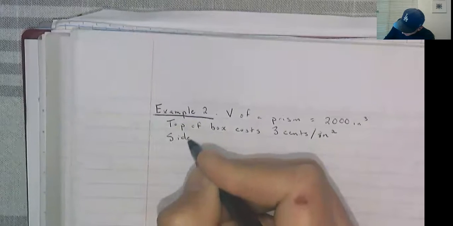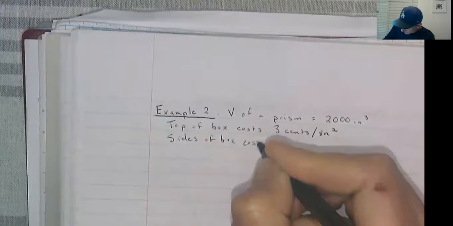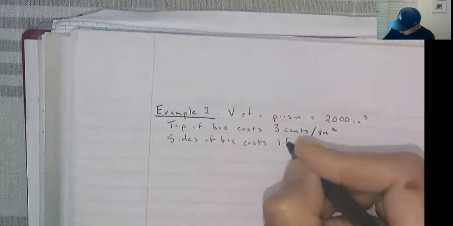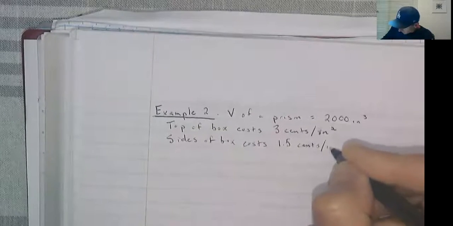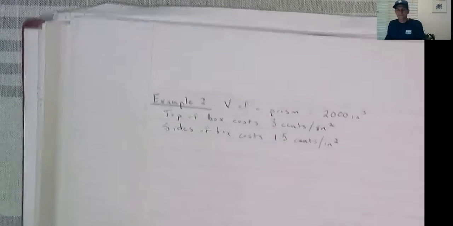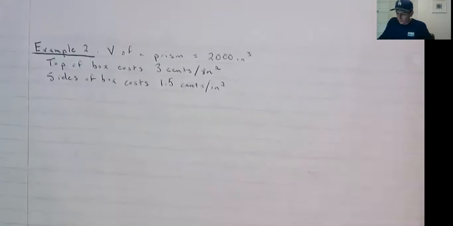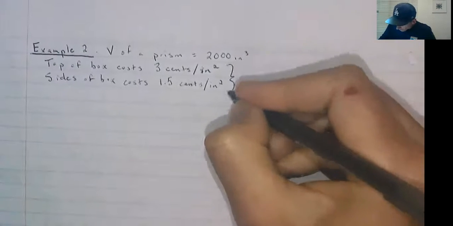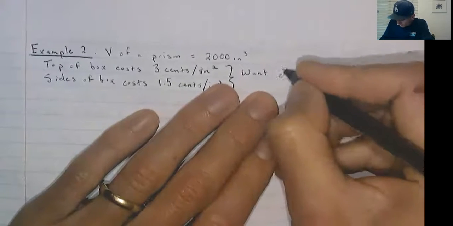Sides, $1.50, half the cost. And we are looking for the dimensions to minimize the cost.